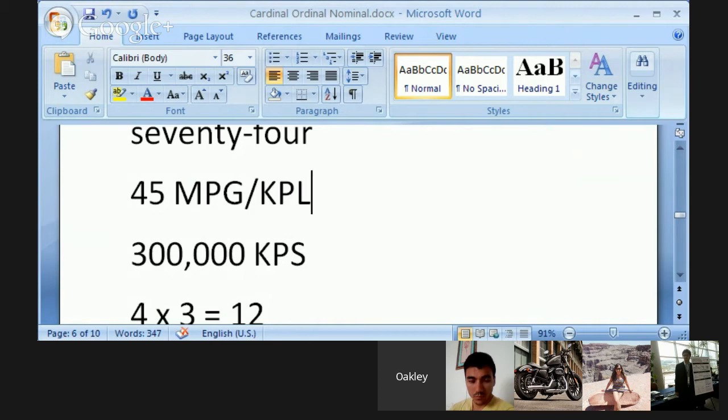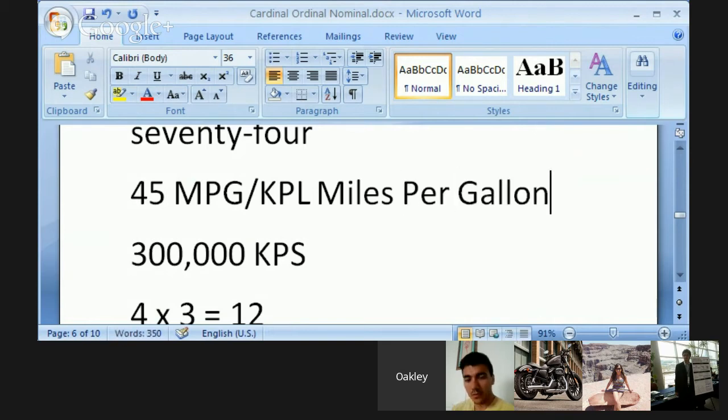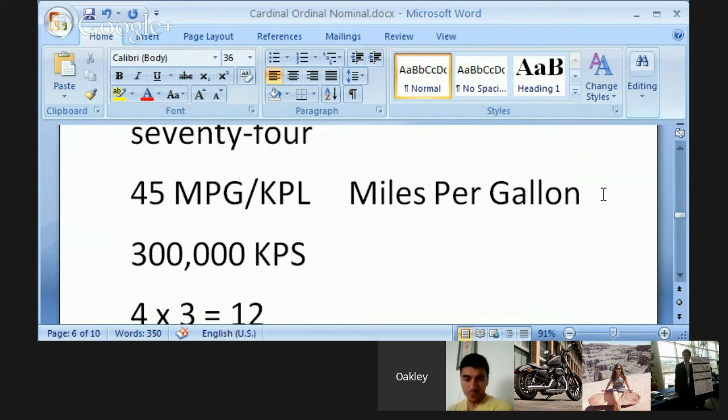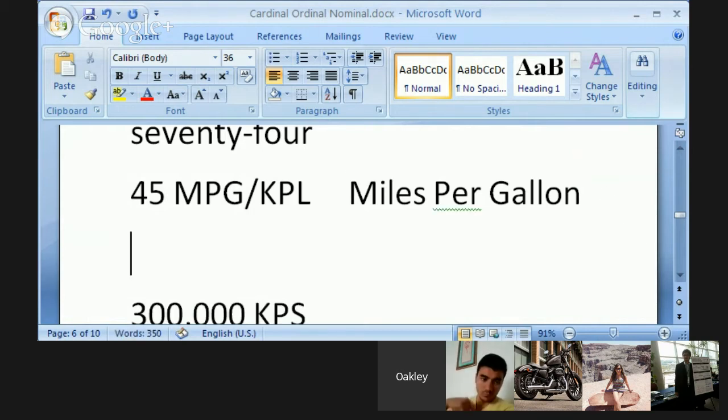How much does it cost to drive that motorcycle that you have as an avatar? How far can you go on a full tank? Oh yeah, miles per gallon, or kilometers per liter. Yeah, well, that's right. Americans still talk about miles per gallon, but yeah, you're right. The other one is kilometers per liter.